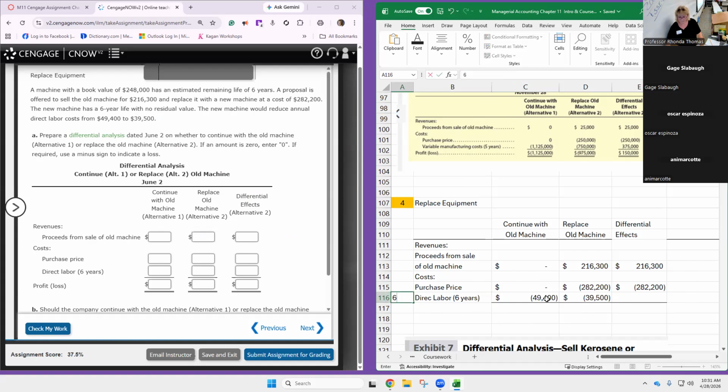Then equals 49,400 times 6, and that's going to be a cost, so it's going in there as a negative. And then this one is going to be a cost of 39,900 times 6. And then we're just going to add down whatever is here, and we're going to bring that to each column.